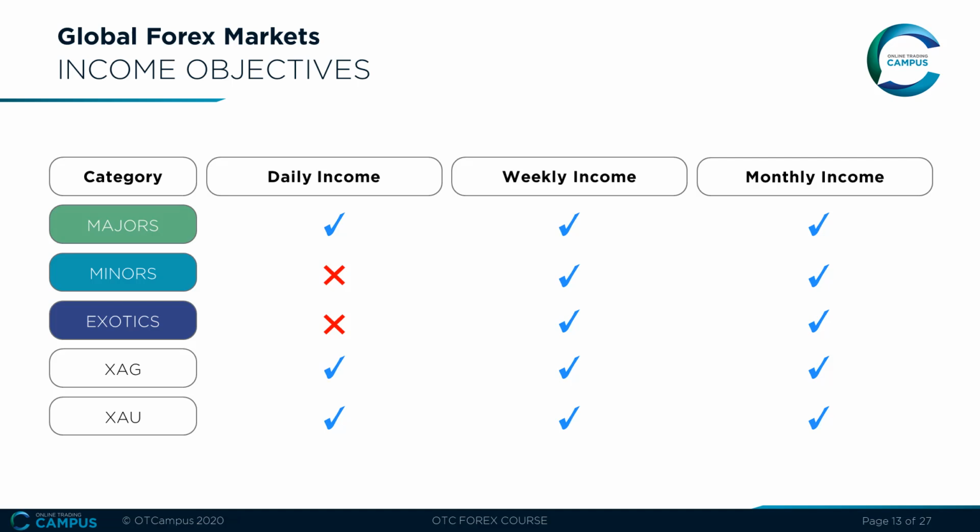Here is a summary on our income objectives in relation to the Forex categories. Majors are great to ease into Forex trading as they are the most liquid pairs, offering medium volatility and low cost trading opportunities. Hence, they can be used for all income objectives, also daily income. Now, minors are more advanced as they are known to be extremely volatile.